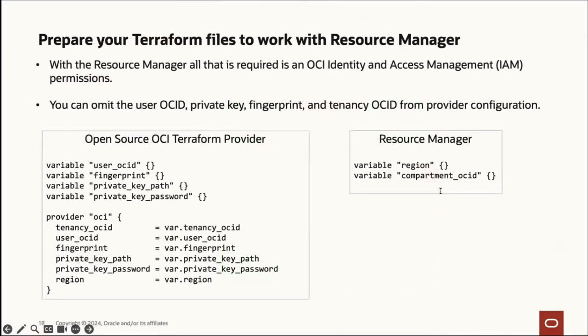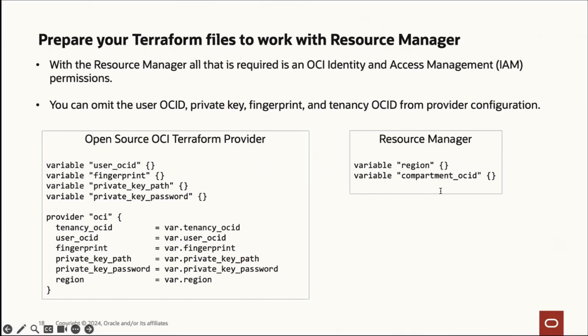One thing that I wanted to point out is the difference between utilizing Terraform just with the open source OCI provider versus with Resource Manager. On the left-hand side, you'll see we have our provider.tf file in which we have our provider block, and we are providing the tenancy OCID, user OCID, a ton of variables essentially to authenticate us as a user in OCI.